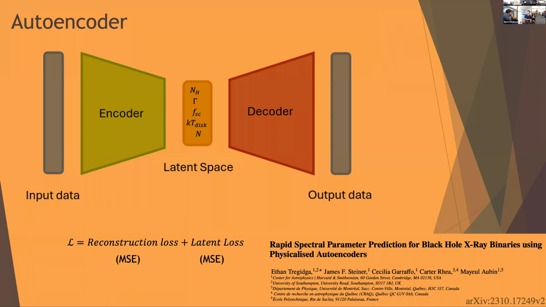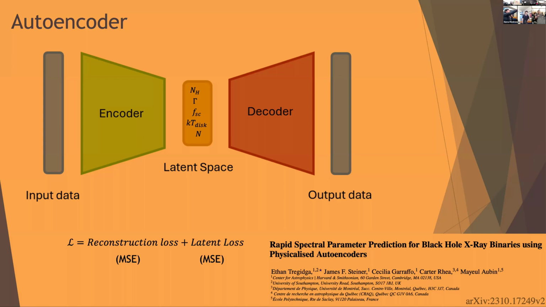This allows us to get a latent space with actual physical parameters rather than arbitrary values. The latent loss measures discrepancies between predicted parameters and the ground truth parameters. This was done by a previous student who managed to fit these spectra 2,700 times faster than traditional methods with comparable accuracy.